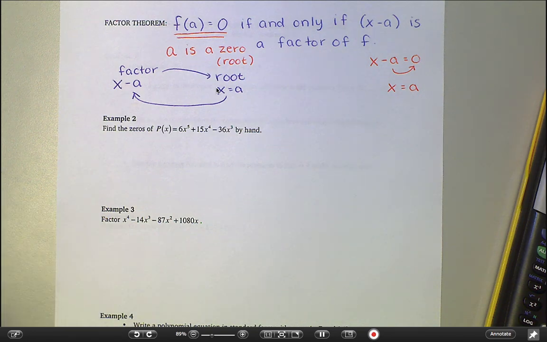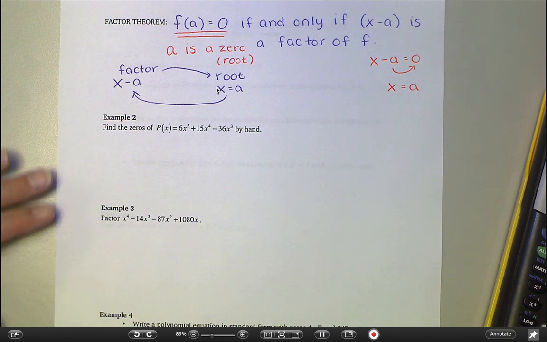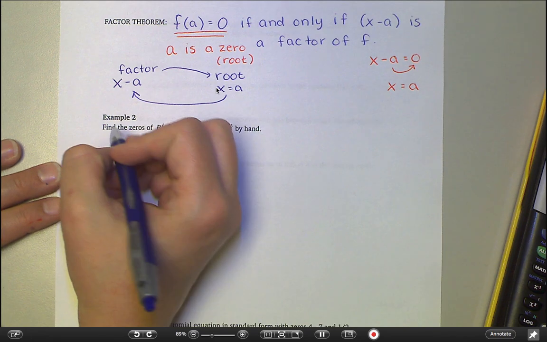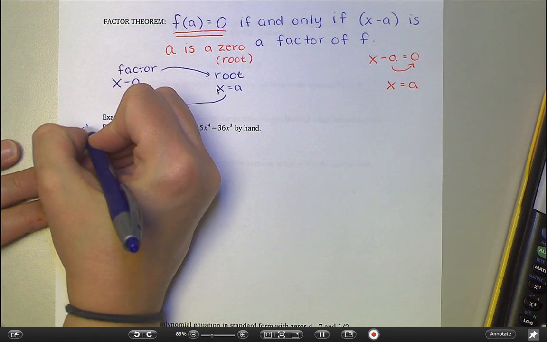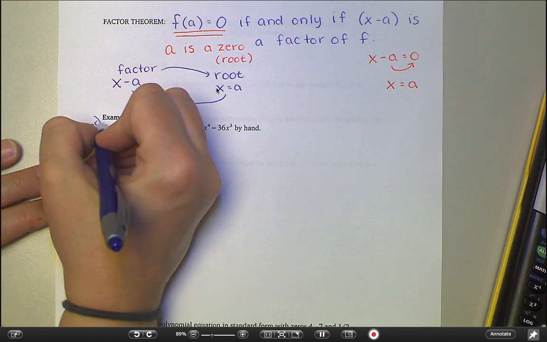Okay, let's go ahead and put that into practice. Let's do example 2, and maybe once we apply the theorem, it will help you understand it a little bit better. So looking at this one, it wants me to find the zeros by hand. Well, finding the zeros by hand really means that I want to use factoring. Okay, so I have to factor this thing.